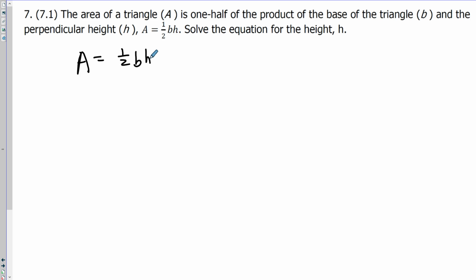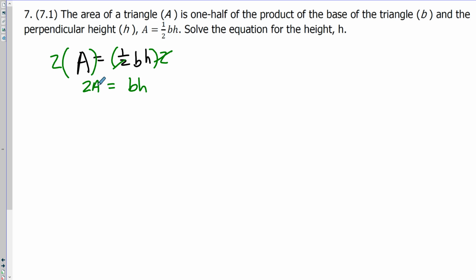So you can take a trick that I've shown you guys, I'm sure many times, that's very helpful, which is when you're dealing with a fraction and you have an equation, you can multiply the denominator of that fraction on both sides of the equation, and then your fraction will go away. So here I don't want the half. I'm going to multiply both sides of my equation by 2. That will allow my half to cancel out, leaving just base times height, and the other side of the equation is now 2a.